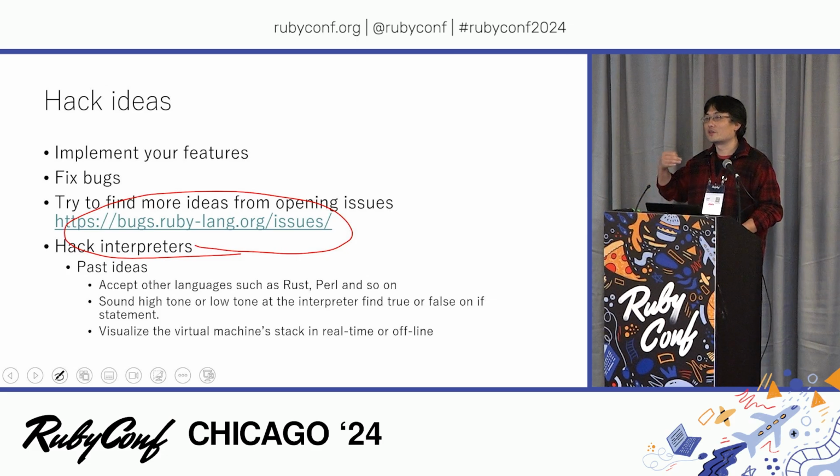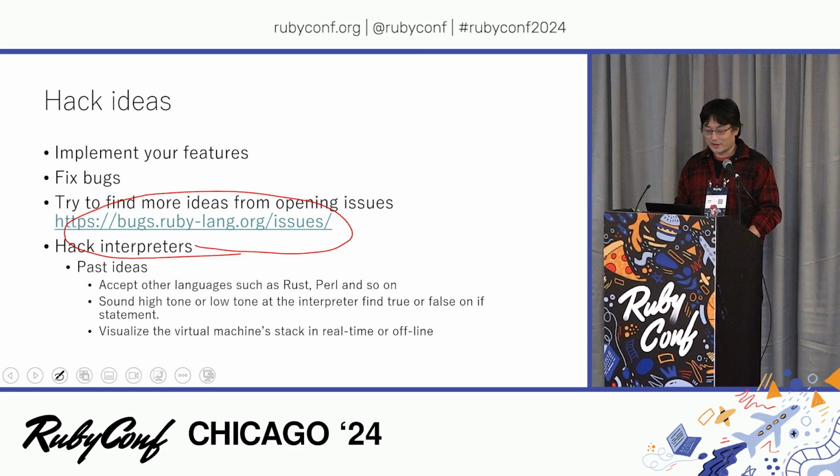Many people report new issues on this site, so please check them. On a bug report, the reproducing process is very important for us, so checking the reproducible code and confirming that you can also reproduce the issue is helpful.